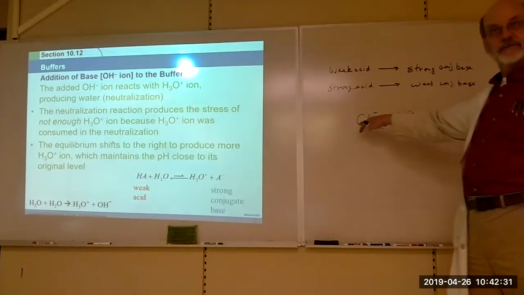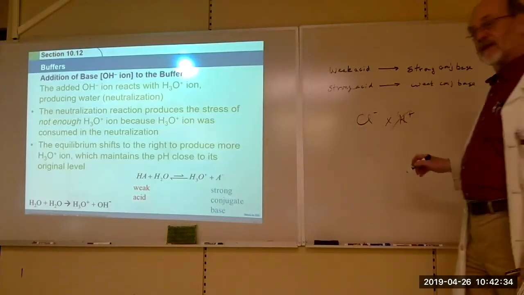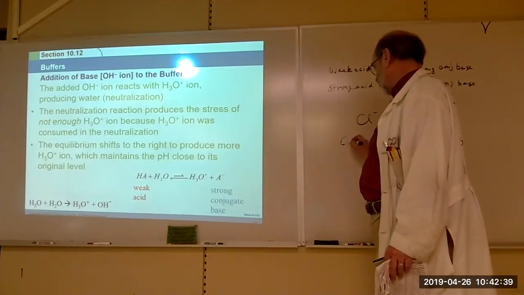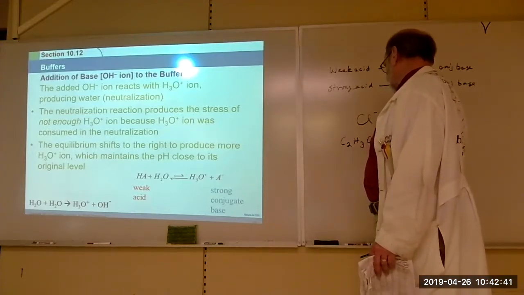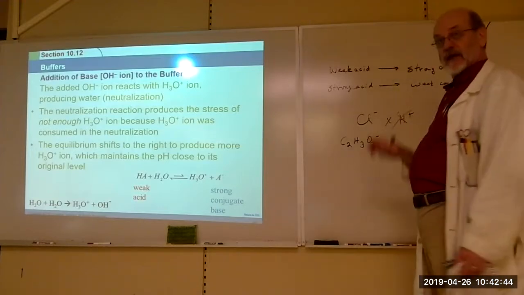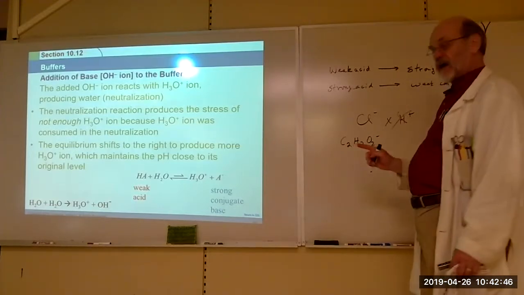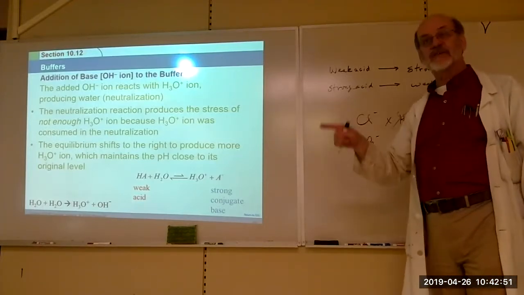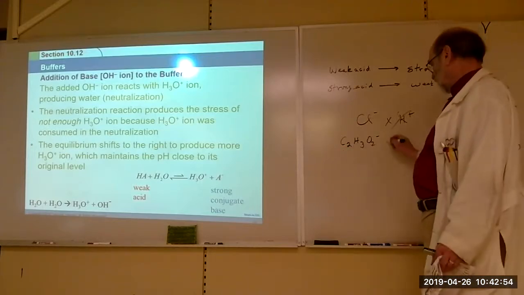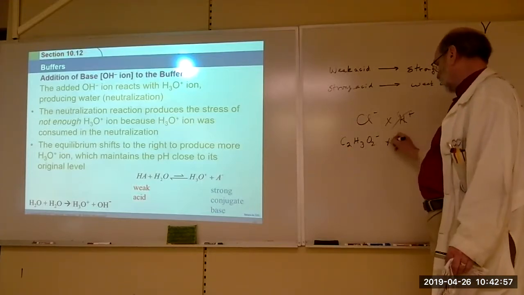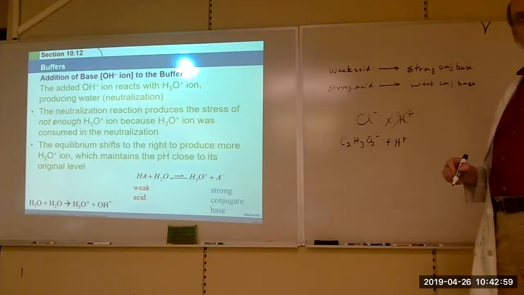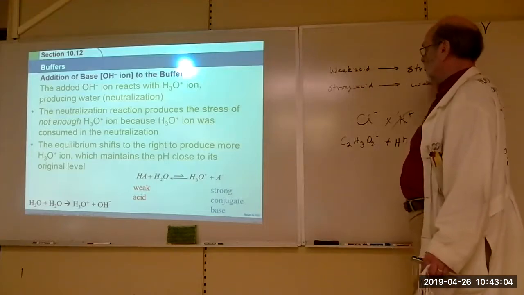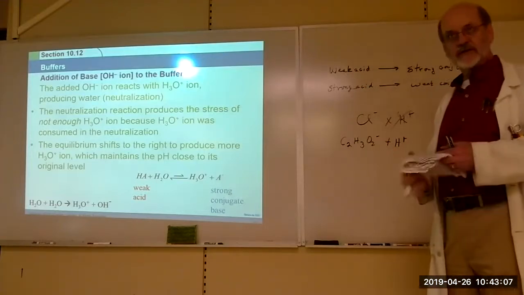It's happy right where it is. But if it's a strong conjugate base from a weak acid, for instance, the acetate ion, it wants a proton, because it comes from a weak acid. It wants that proton so it can go back and be an acid. So it has a very strong affinity for protons, right? So that's why weak acids make strong conjugate bases, and strong acids make weak conjugate bases.